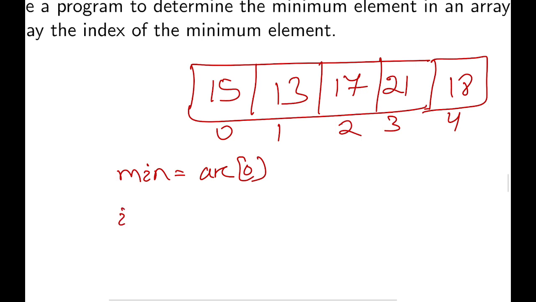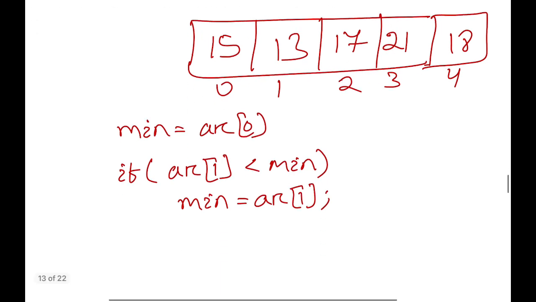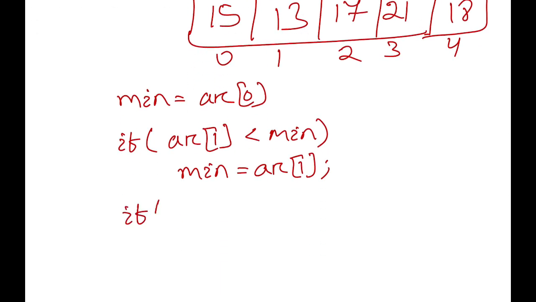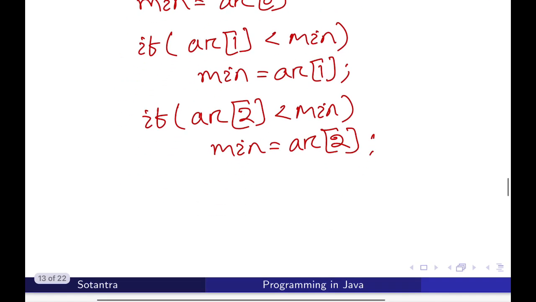So now we are going to check if arr[1] less than minimum, then minimum equals arr[1]. Similarly we can write if arr[2] less than minimum, then minimum equals arr[2], like we have discussed previously.